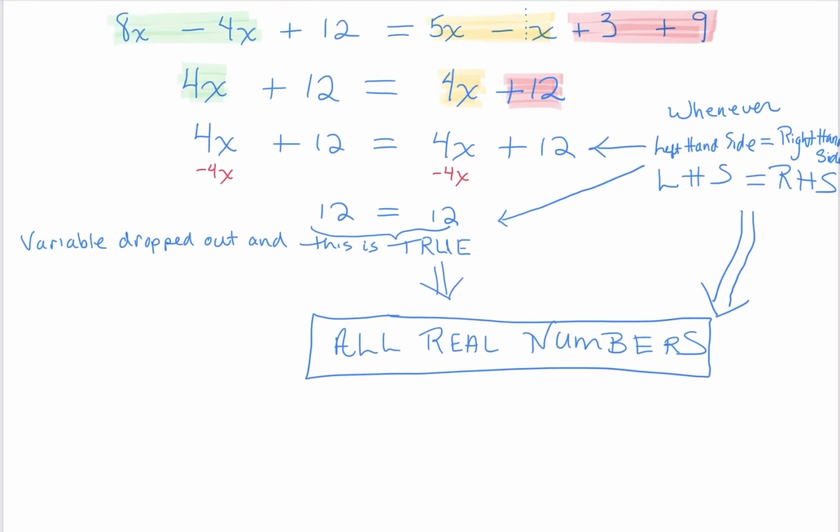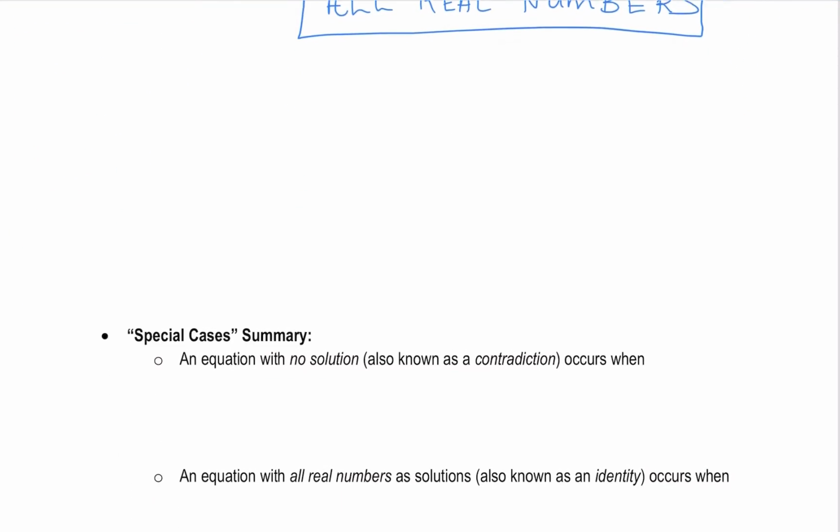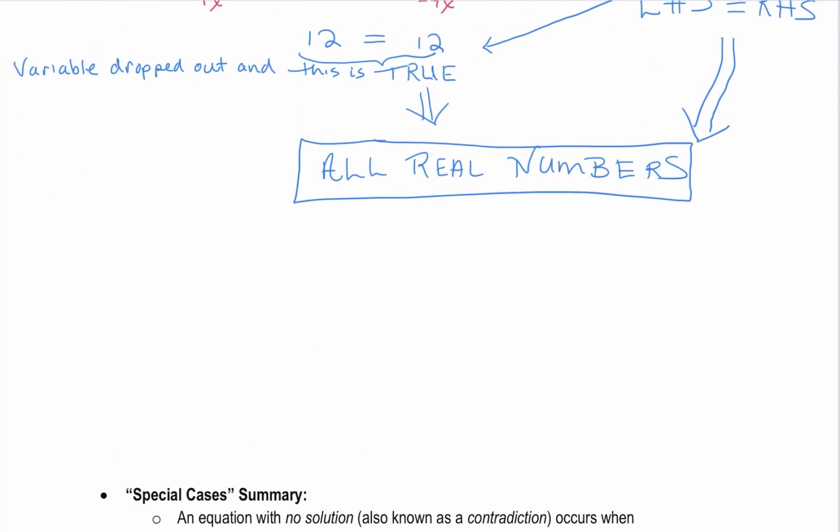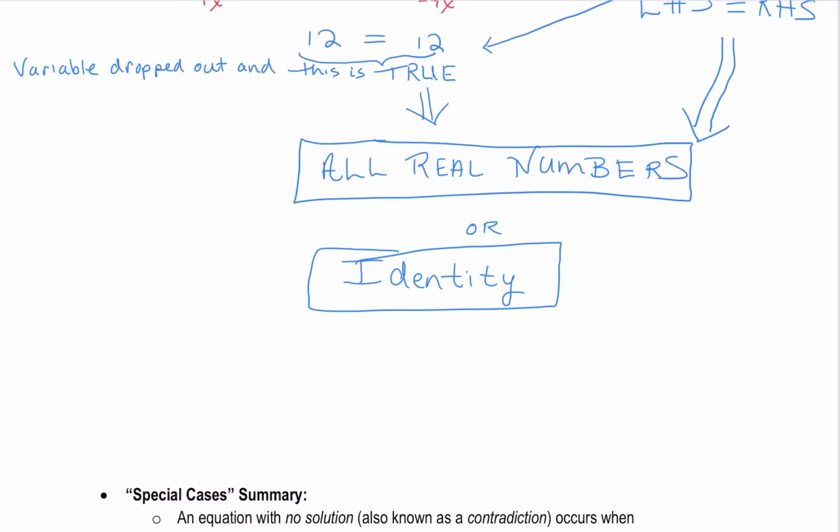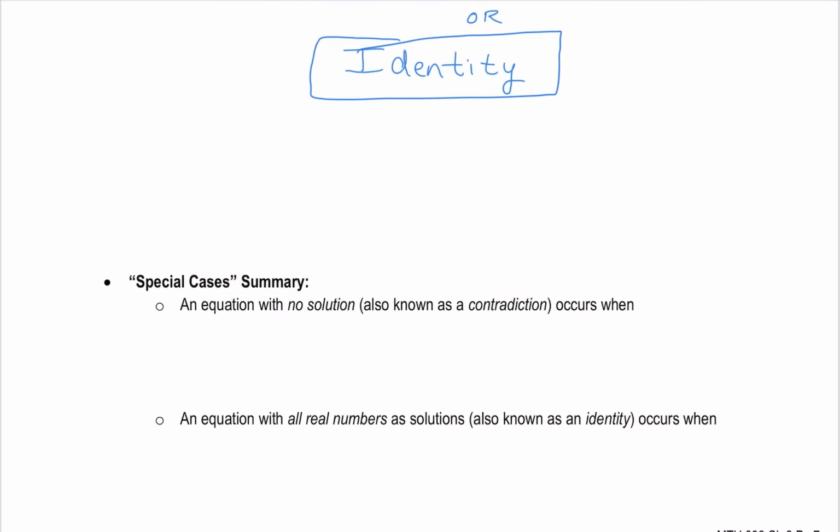All right, so let us summarize these two situations. Oh, the other aspect of this, let's also put down, all real numbers is perfectly fine as an answer. Another way you might see this one expressed is this might be called the identity solution. So you might see that as well. All right, so that no solution, so that was the first example that we did on the bottom of page 6 there.